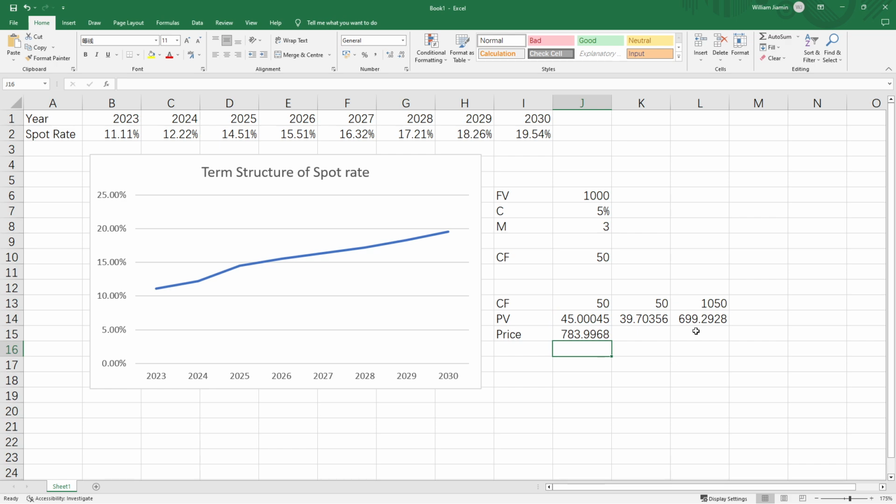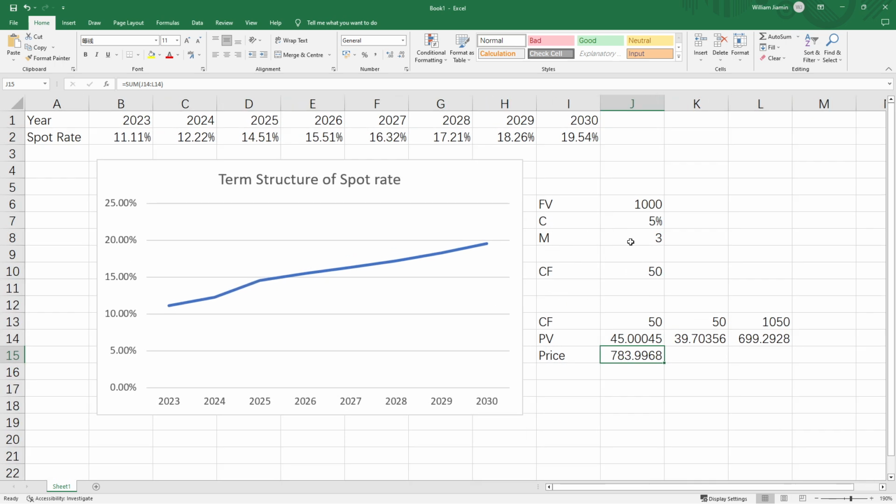Alright? Because the spot rate is pretty high, the fair value of the bond right now should be nearly 900 US dollars. Even though the face value is 1,000, the fair value that you should pay is just this amount. Okay? So this is a pretty crucial usage of the spot rate.